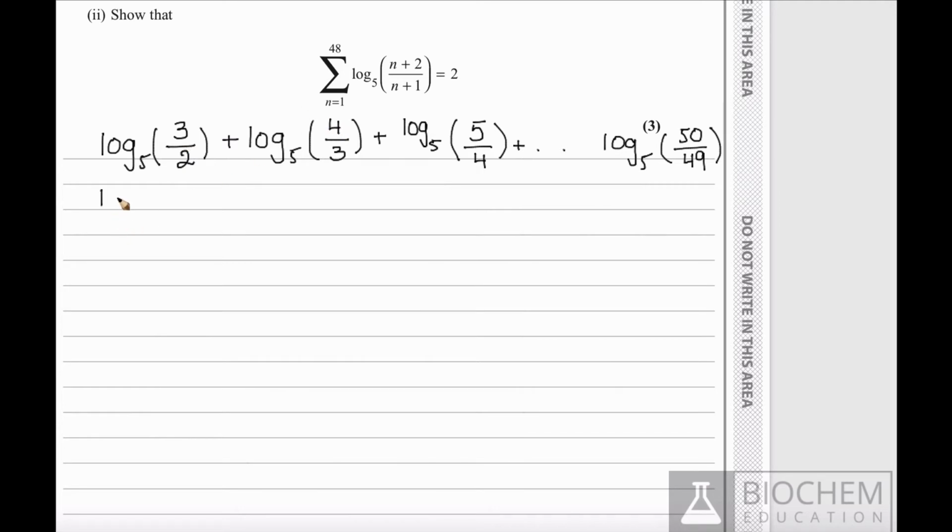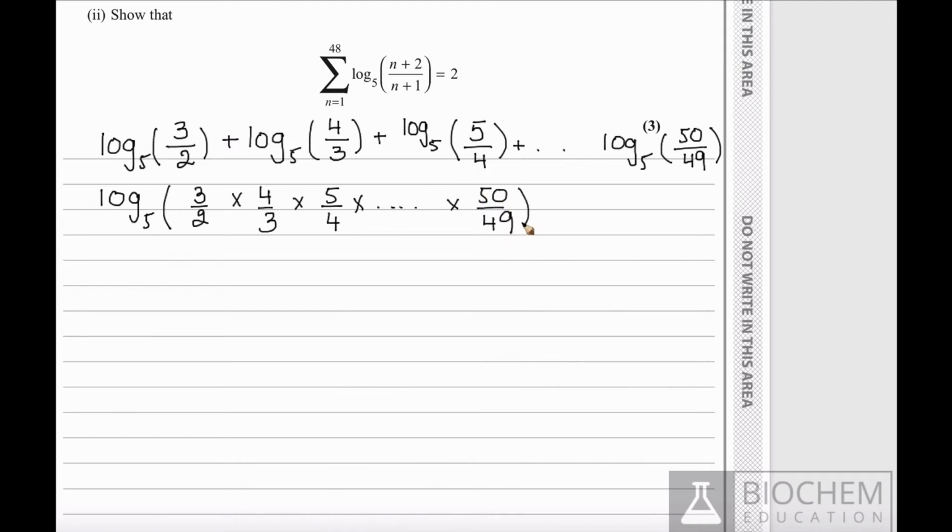So we can write this as log to the base 5, 3 over 2, times 4 over 3, times 5 over 4, times and so on, until the last term, which is 50 over 49.